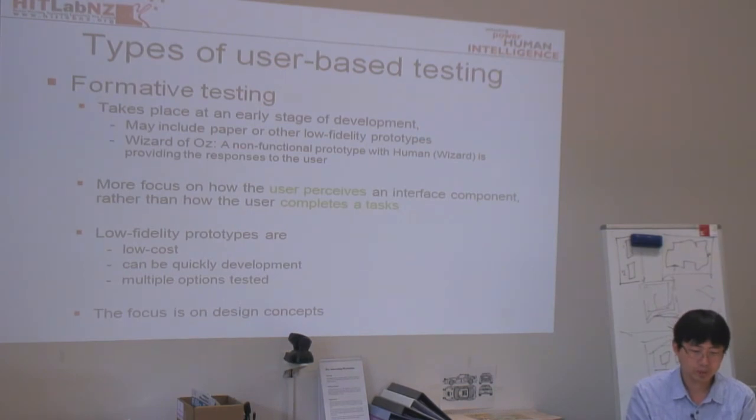So I think we've talked a little bit about formative testing and summative testing. It also applies to usability testing as well. At the early stage, you can still use some low fidelity prototypes such as paper-based sketching and do some testing.